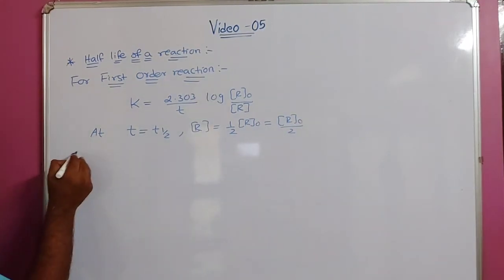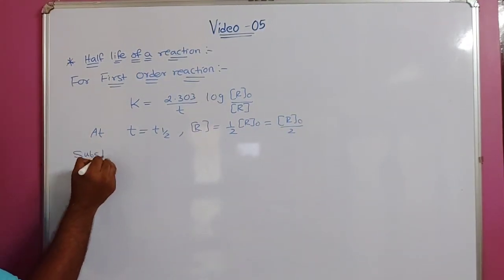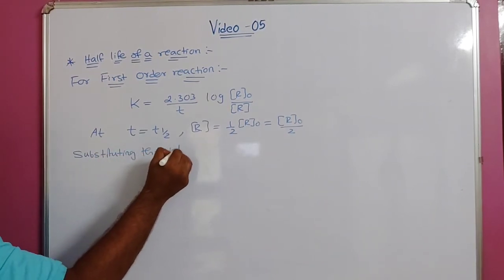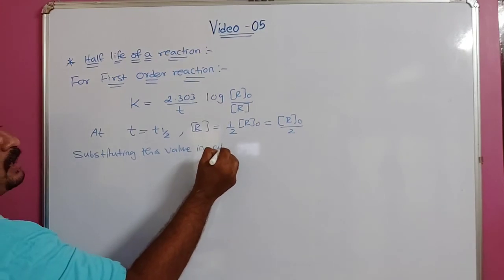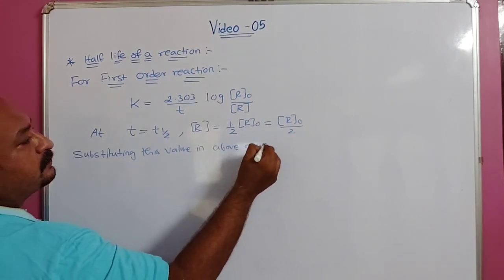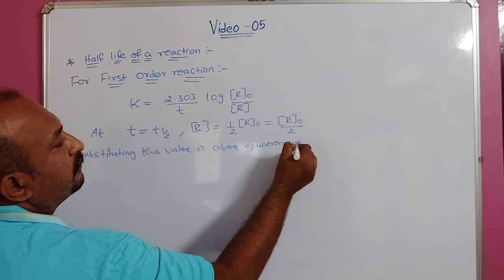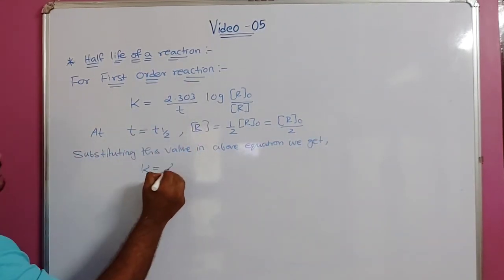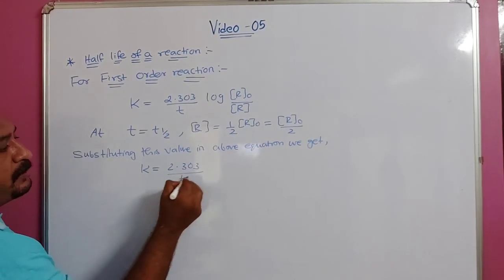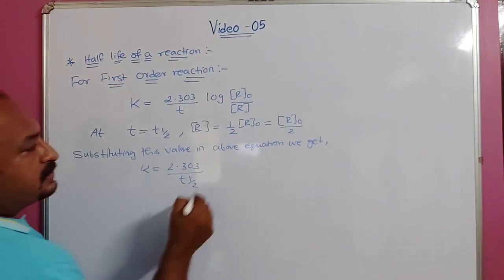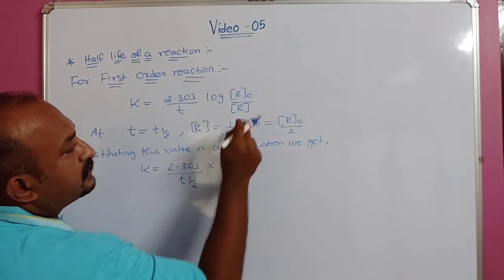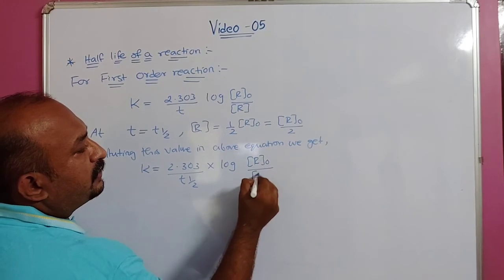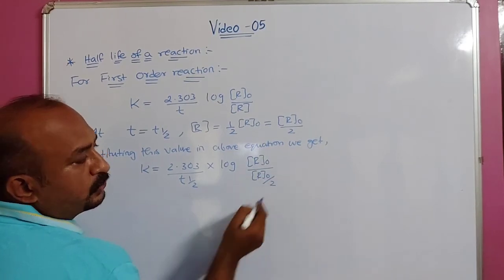So substituting this value in the above equation, what do we get? K is equal to 2.303 by T half into log, and this is R0 only, but here down it will be R0 by 2.